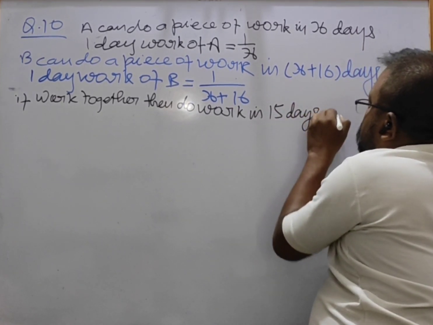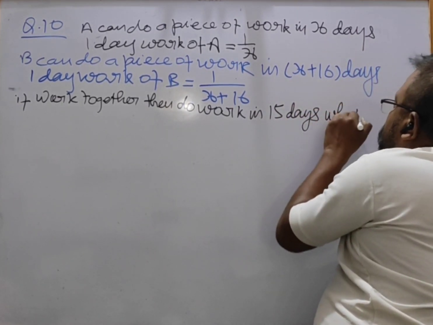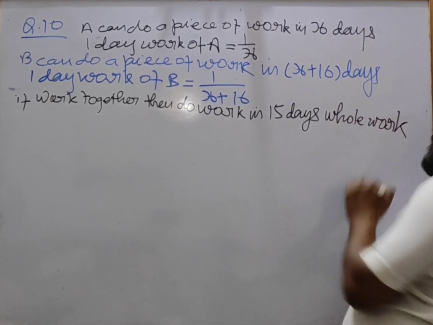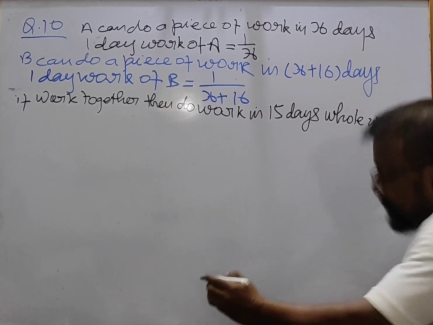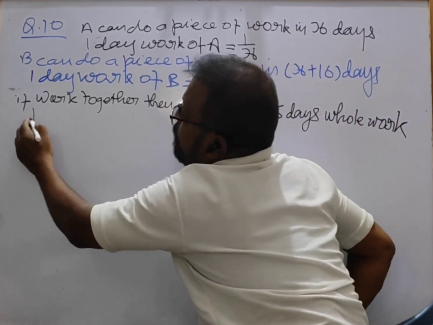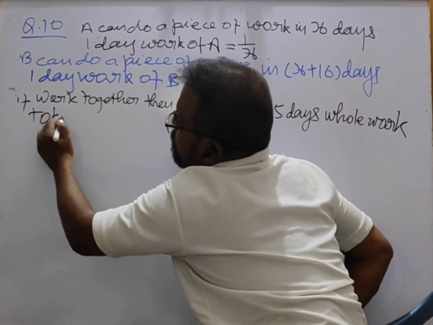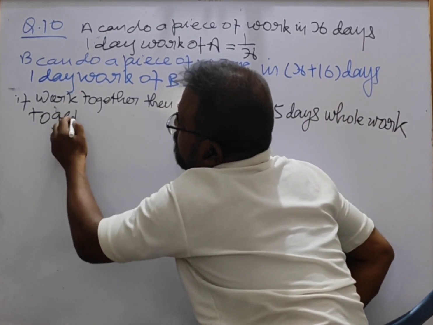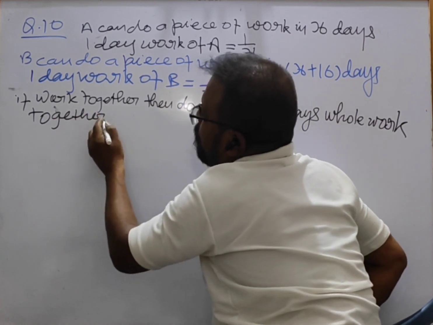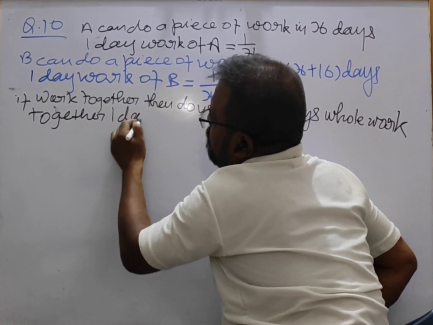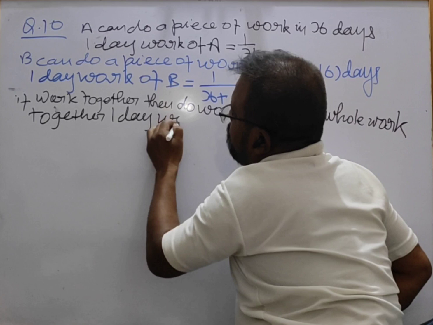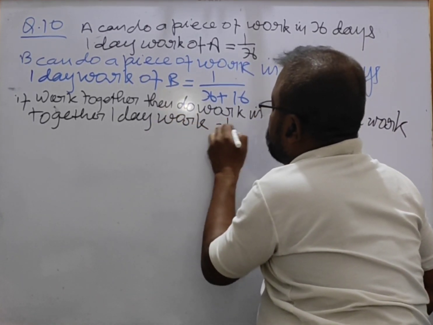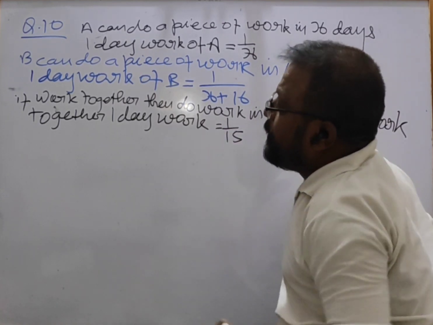So together one day work is equal to 1 upon 15.